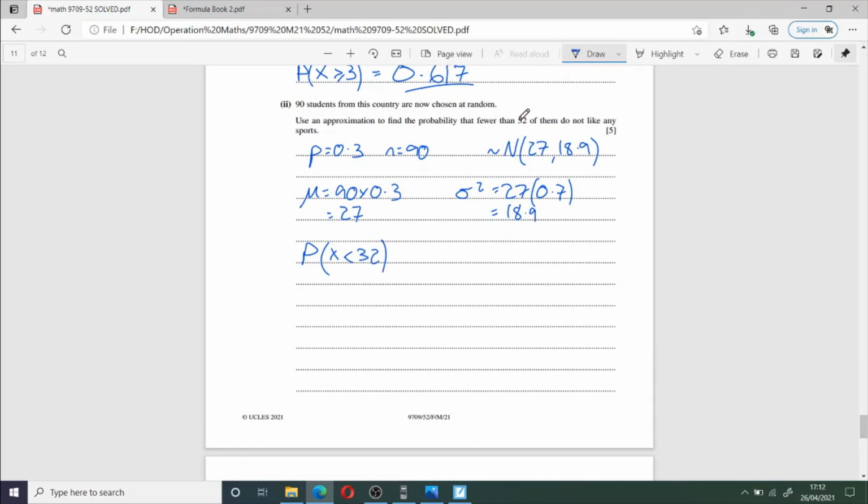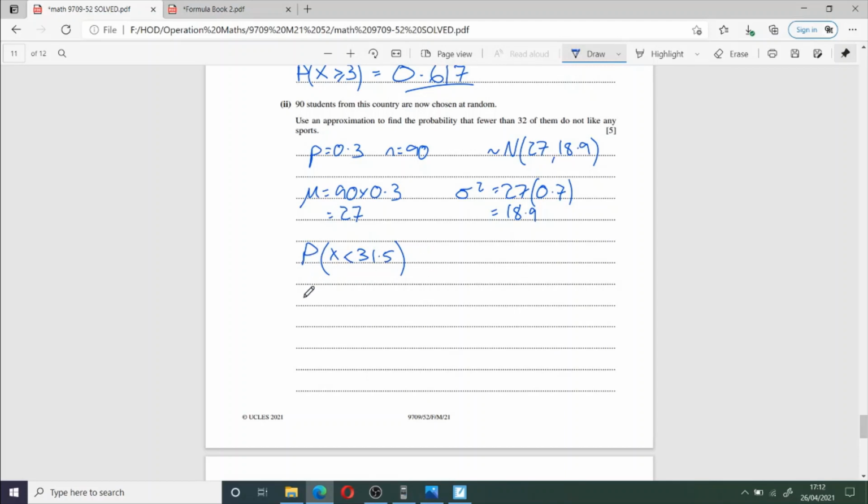We're going to do a continuity correction here because our normal distribution is continuous. So that number 32 is almost like a class which goes from 31.5 to 32.5. We don't want to include 32, we want less than 32. So we are going to take the lower class boundary of 31.5. That's called a continuity correction.